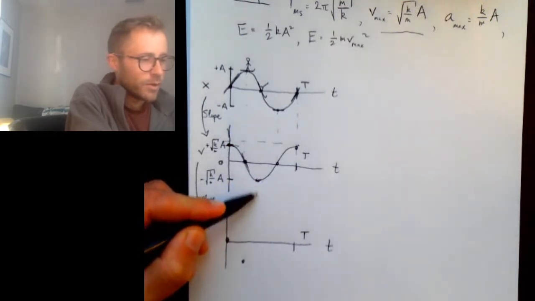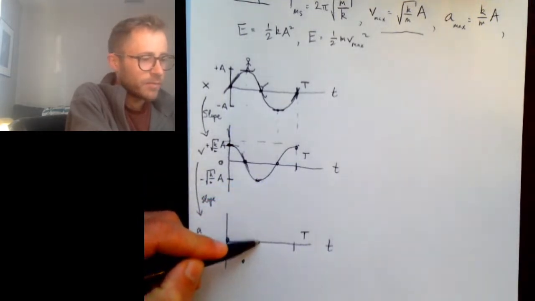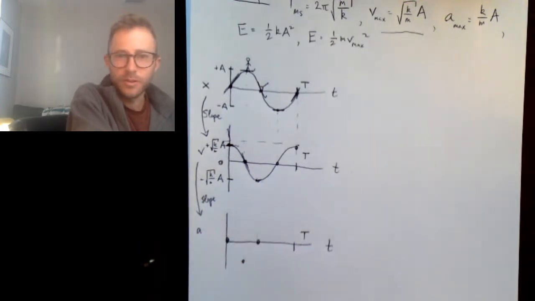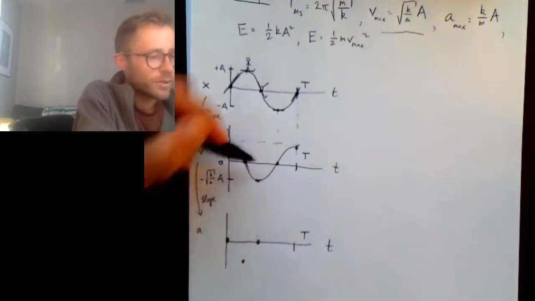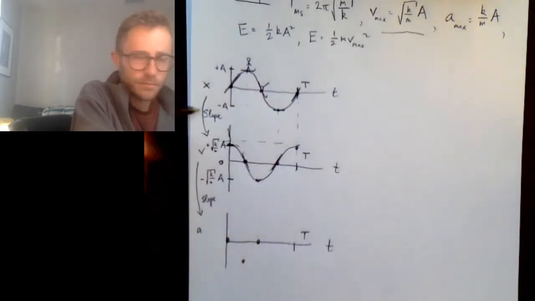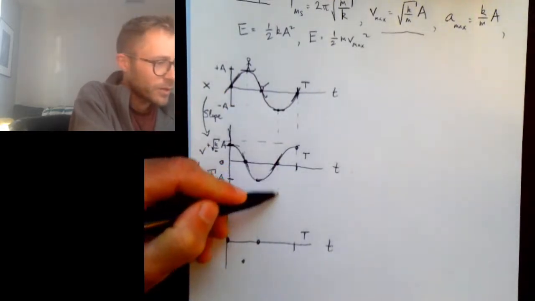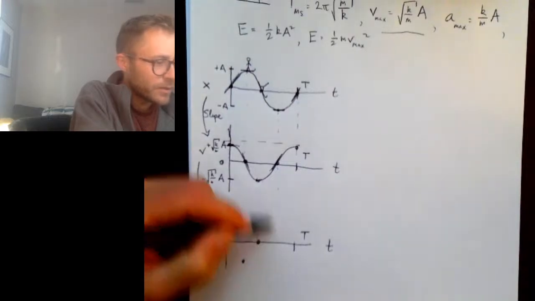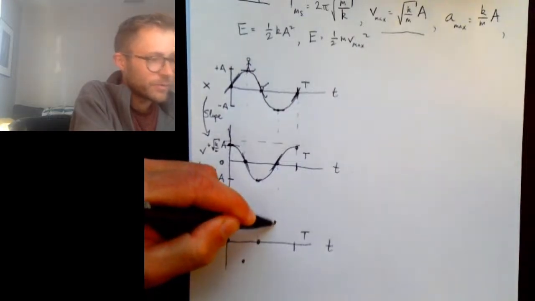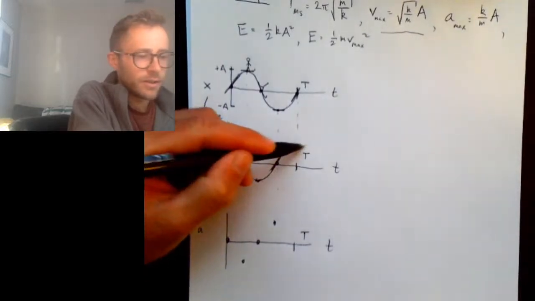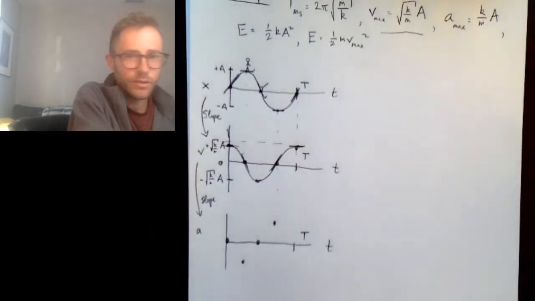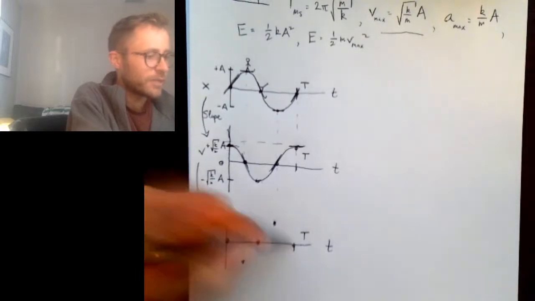So I'm going to mark at that particular time that the slope is 0. Here, I can see that the slope is positive. So I will mark at that time a positive value for the slope. And then here, again, the graph is flat, so the slope is 0 at that time.